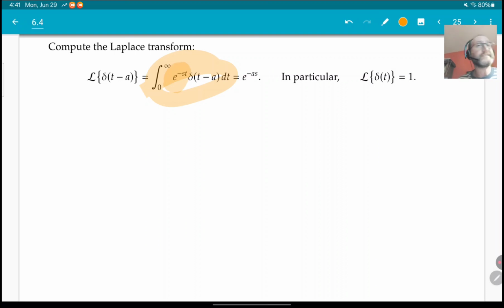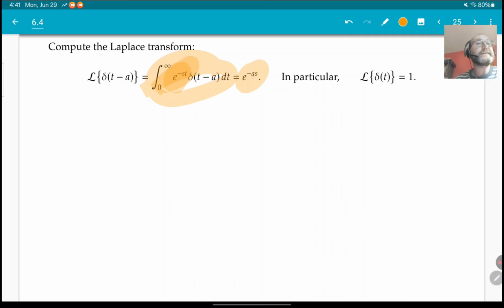The function, in this case, is e to the minus st, for some fixed s. Well, as far as the integral is concerned, s is fixed. And what the delta function does when we evaluate this integral is just pick out the value of the function at t equals a. So you can see that e to the minus st becomes e to the minus as.